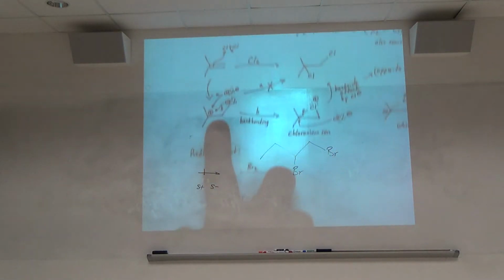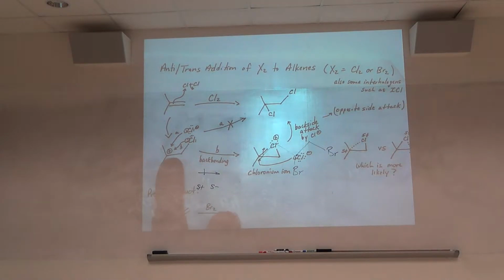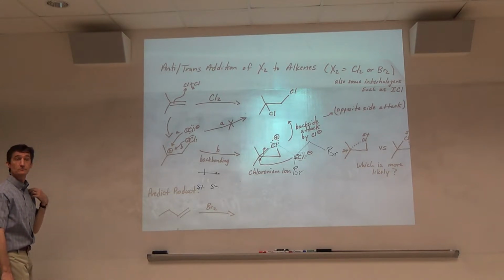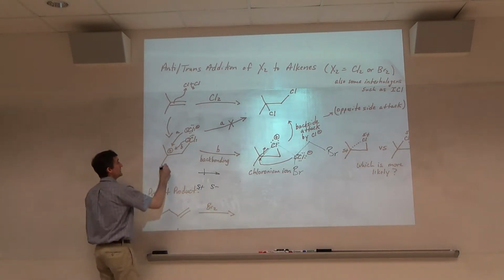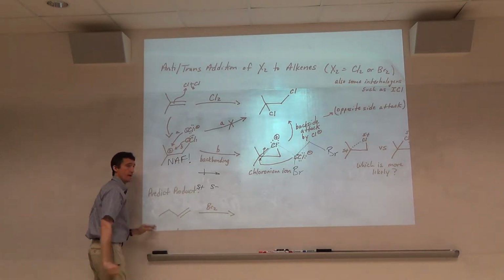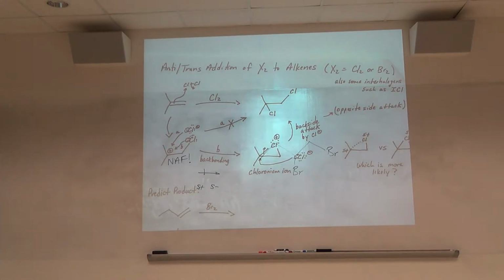So why didn't somebody ask me why I made a carbocation? It's a big thing, and I should not have forgot to cover it. That's because this is not actually formed. And this is my term, you're not going to see this in the textbook: NAF, not actually formed. There's no carbocation here.